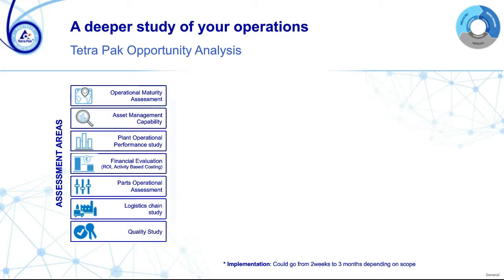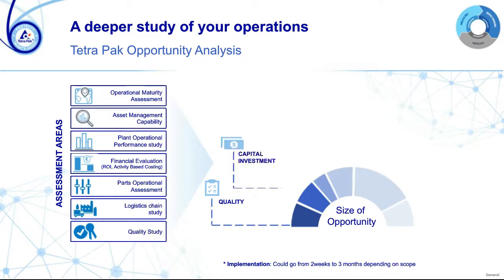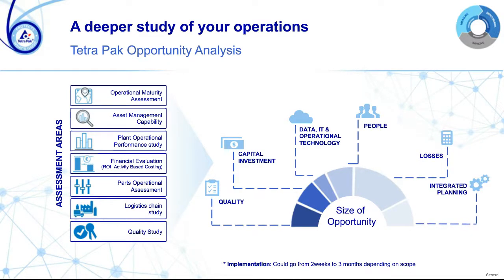And finally, the findings are documented and quantified in a report, and potential improvement opportunities are presented in financial terms. So as you can see here on the screen, you will find the size of the opportunity, which is coming from different aspects or different departments or different steps in the operation.